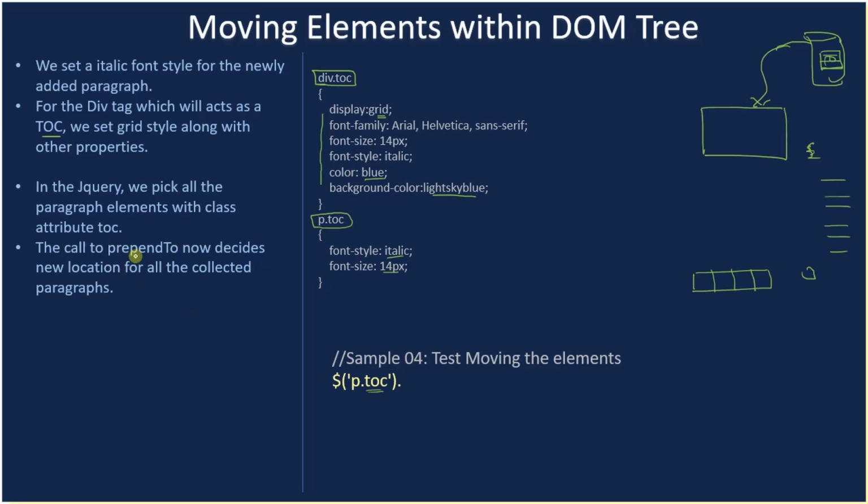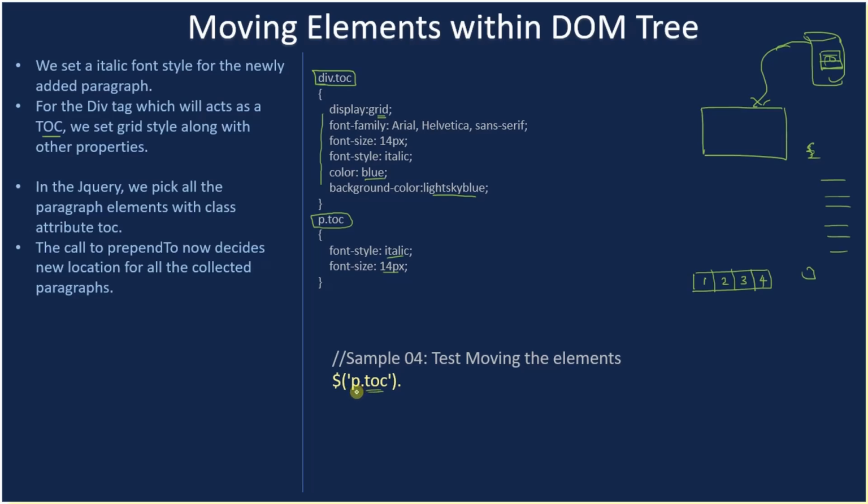The call to prependTo now decides the new location for all the collected paragraphs. Here, if you see, we collected 4 paragraphs. This is not an index number, I'm just giving a number for each paragraph: paragraph 1, paragraph 2, 3, 4. All are table of content paragraphs, or paragraphs that contain the class attribute TOC.